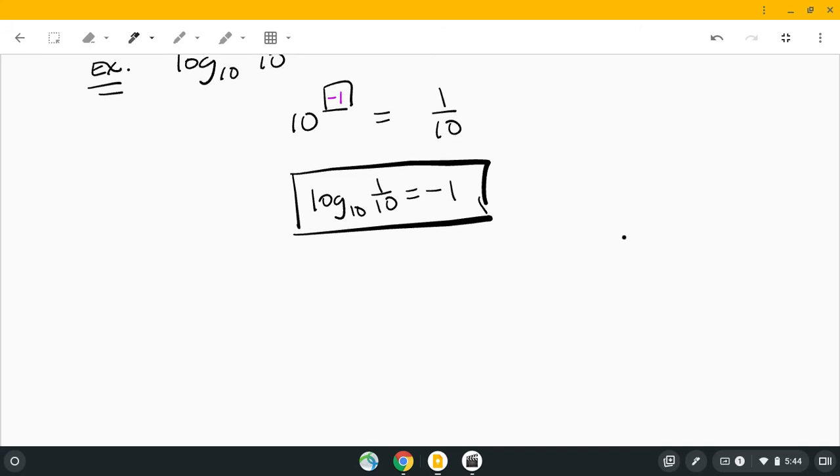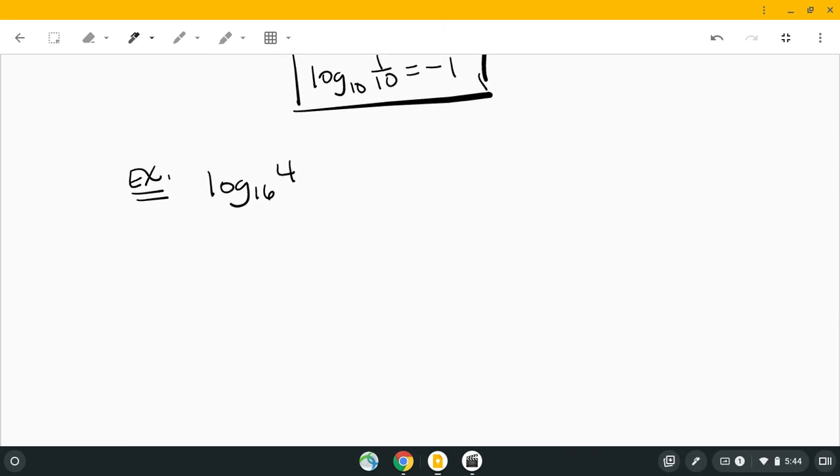Okay, so let's take a look at this next one. Log base 16 of 4. Okay, so over here we have 16. We're trying to figure out 16 to what power equals 4. So this one's kind of interesting. You have this larger number here, but then your answer is smaller.